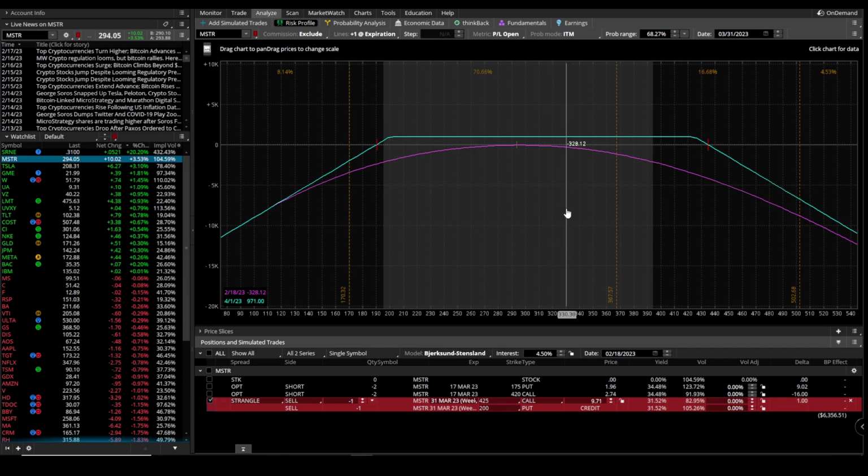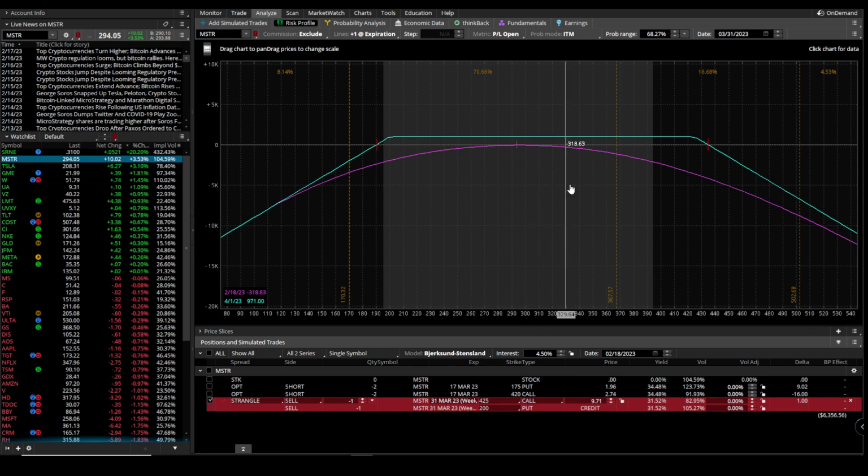So this trade might not be for everyone. Again, a $5,300 buying power reduction for a $971 premium might be a little too high for people. We recommend that you risk no more than 1 to 3% of your total portfolio on these types of trades. So this could be a little rich for some people.